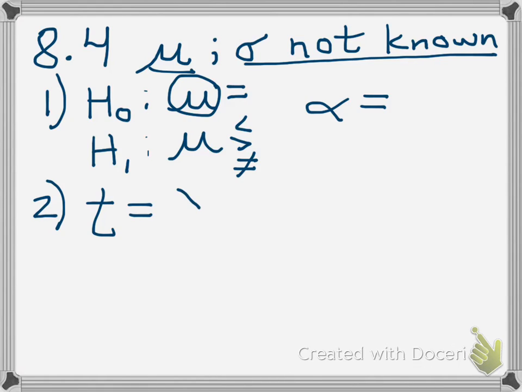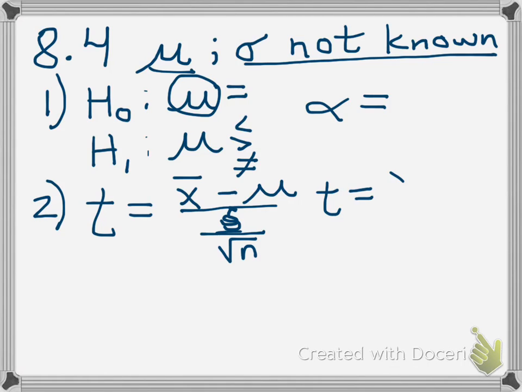Okay, so t equals x bar minus mu divided by s divided by square root of n. Let me write that a little nicer here. T equals x bar minus mu over s divided by square root of n.